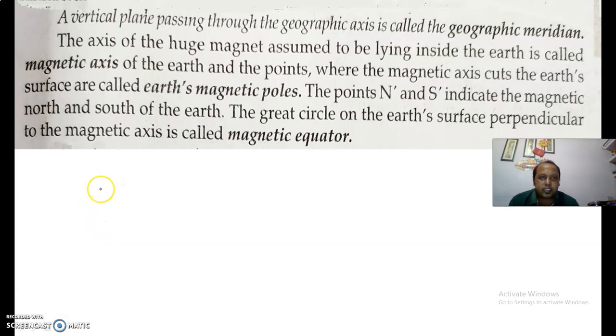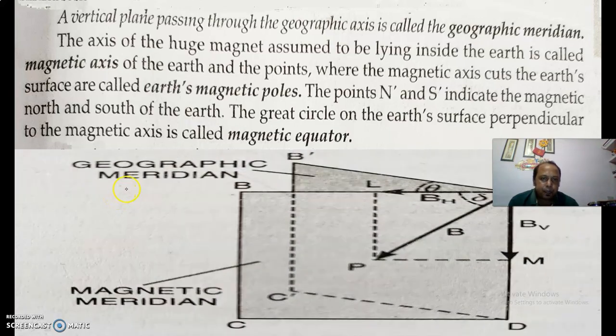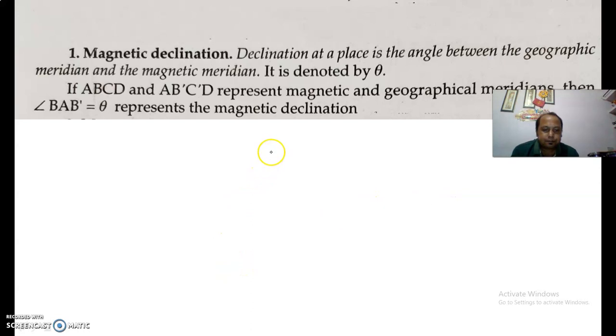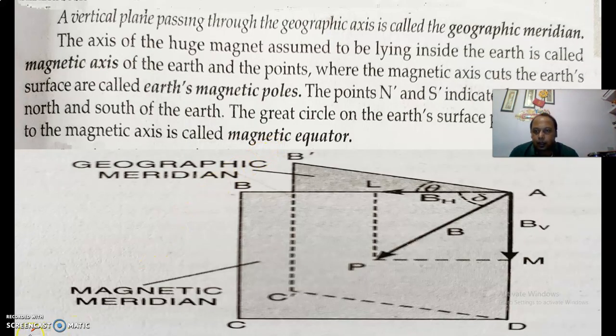Now we have already discussed geographic meridian and magnetic meridian. Now see, when we consider these kind of meridians, the magnetic needle always belongs to the magnetic meridian, because the magnetic needle will align itself in the Earth's magnetic poles direction.